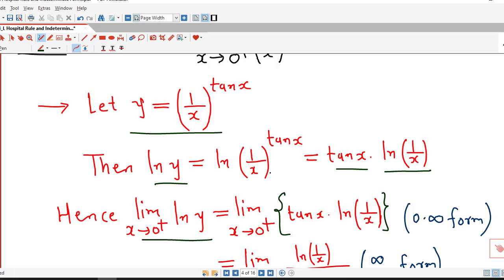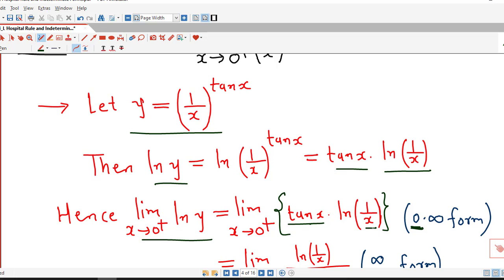So therefore limit of log y as x approaches 0 equals limit of 10x times log of 1 by x. Now if we take x equal to 0 here, we have tan 0, which is sine 0 over cos 0, and because sine 0 is 0 and cos 0 is 1, this tan x is going to be 0 as x approaches 0.